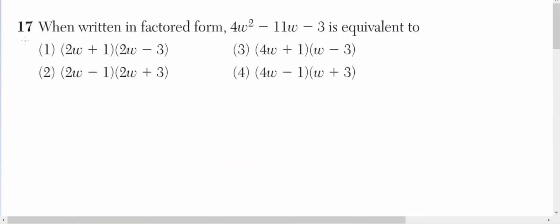Alright, for question 17, when written in factored form, 4w squared minus 11w minus 3 is equivalent to, and then we've got 4 choices of binomials. So the surefire way to solve this would be to find the roots of this polynomial, 4w squared minus 11w minus 3, and then compare that to the roots of each of these factored versions.